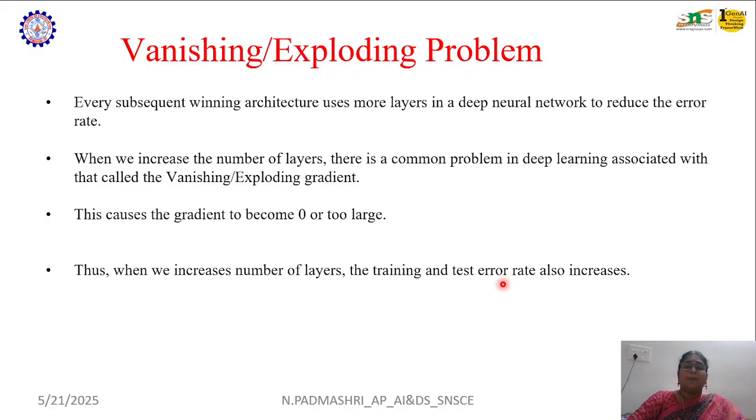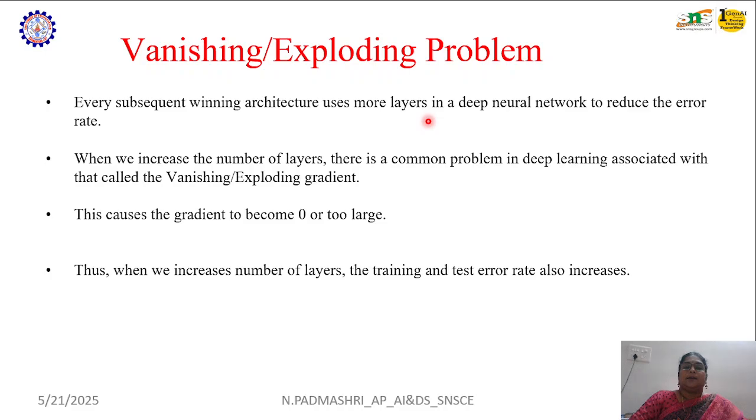If ResNet is compared with AlexNet, ResNet is the winning architecture. Why? Because it solves the vanishing gradient problem, or vanishing exploding problem.